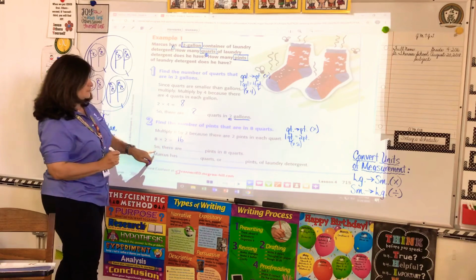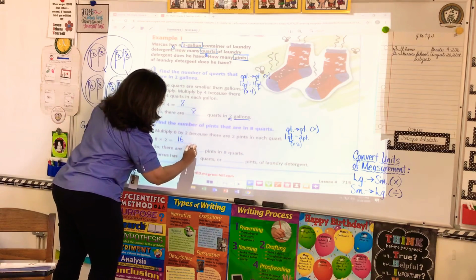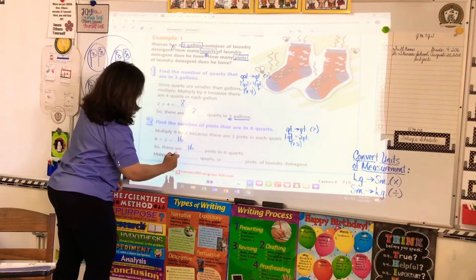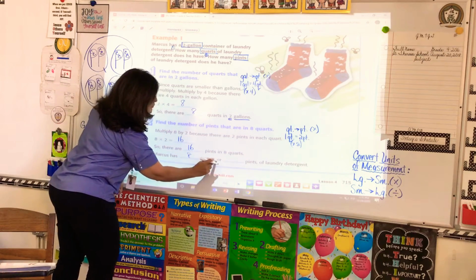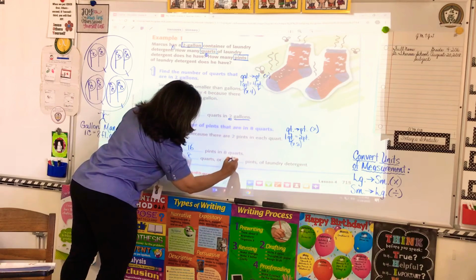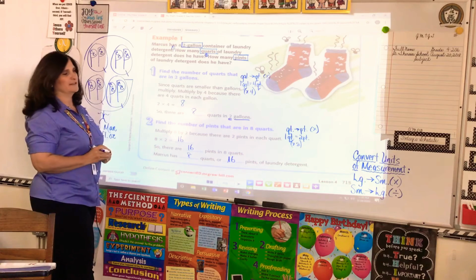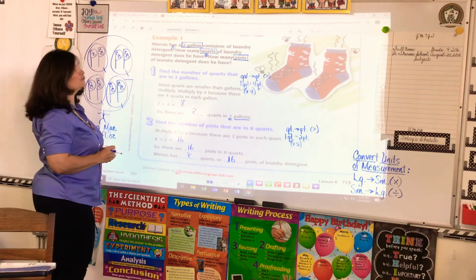So there are 16 pints in 8 quarts. So Marcus has 8 quarts or 16 pints of laundry detergent with those 2 gallons. Okay, let's continue to example 2.